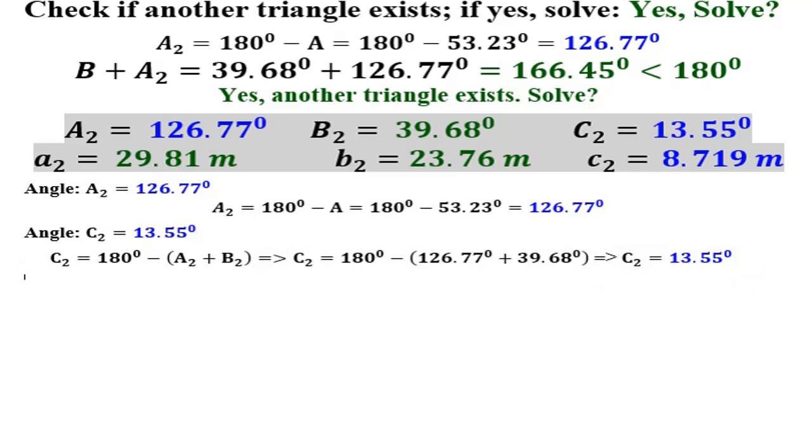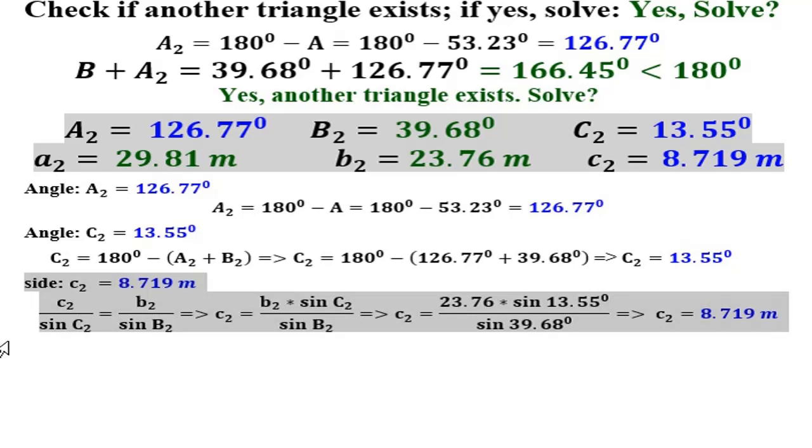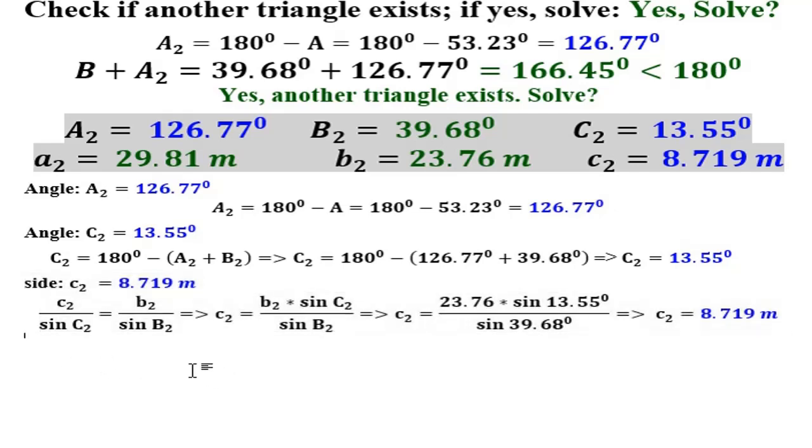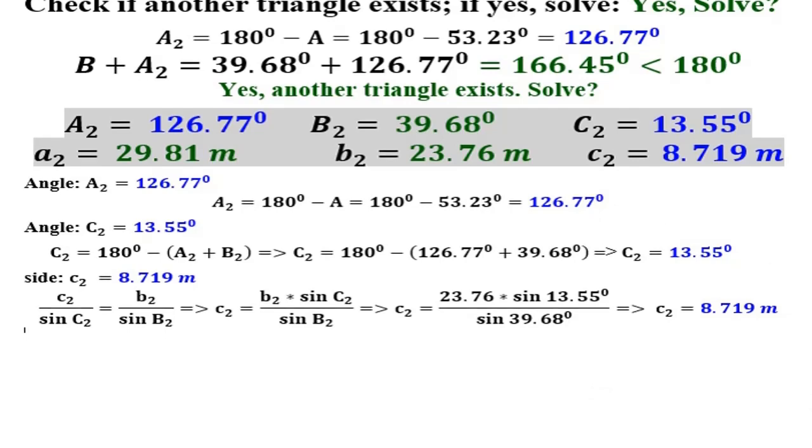That is C2. Then we find side C2: C2 over sine C2 equals B2 over sine B2. That is, C2 is B2 sine C2 over sine B2, which is C2 is 23.76 times sine 13.55 over sine 39.68. C2 is 8.719 meter. And that is the complete solution of the triangle number 2.